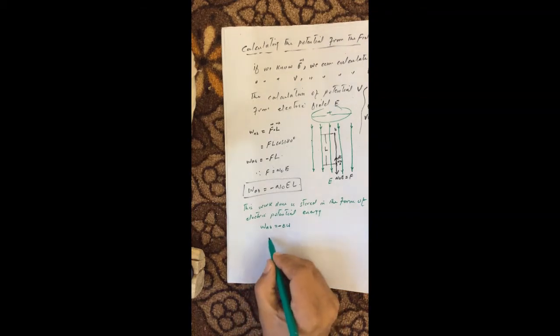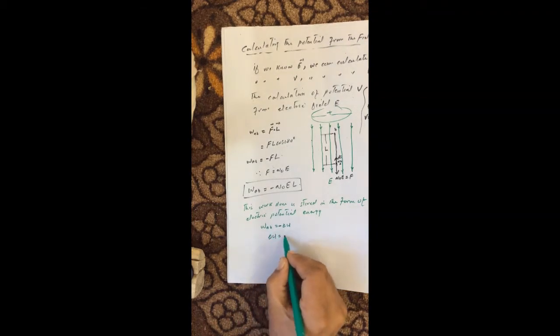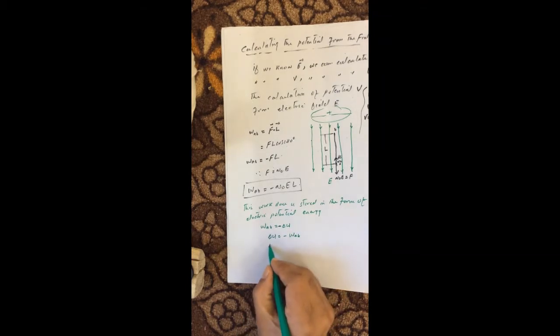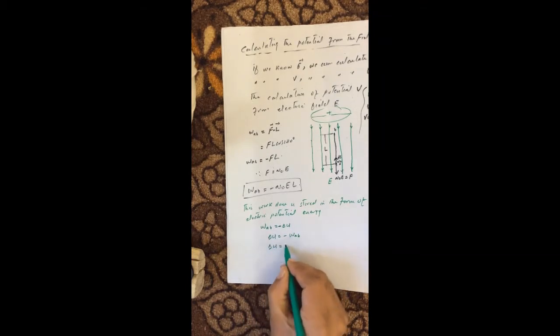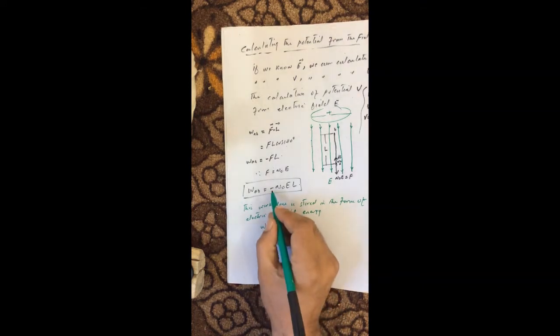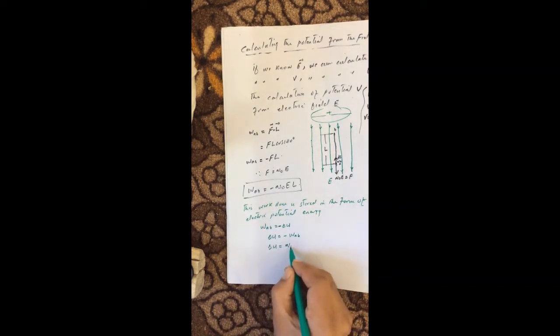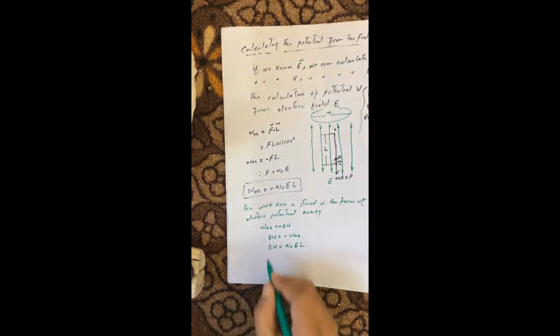So delta U must be equal to minus the work done in moving a charge from A to B, or delta U is equal to minus, one minus is this, one minus is there, so it's a plus Q naught E into L.